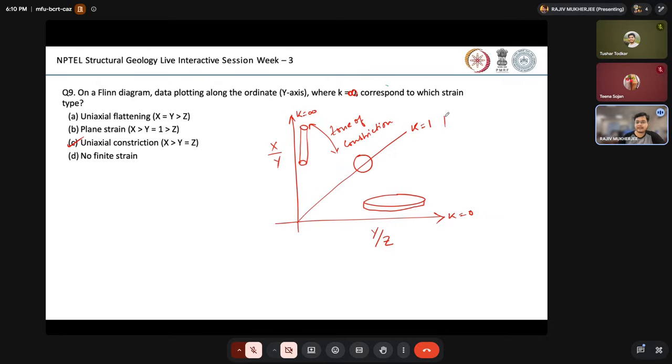This is the plane strain condition. And in this case, it will be the zone of flattening.